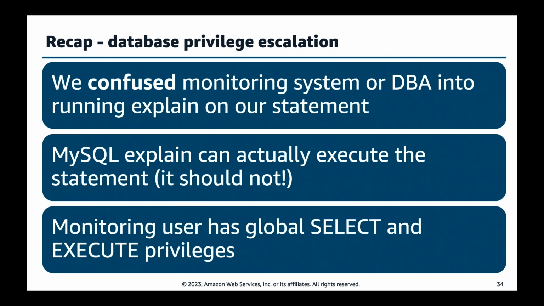All right, so to recap, database privilege escalation, right? We confused the monitoring system or database administrator into running an explain. And then because MySQL explain actually can execute the statement, and it should not, but it does, we were able to confuse either the monitoring system or the database administrator to give us the password.